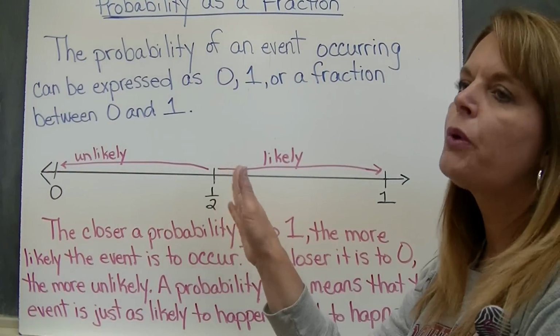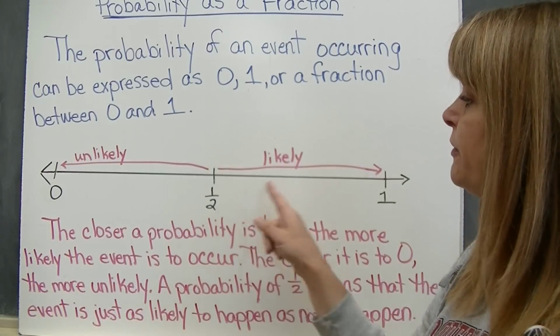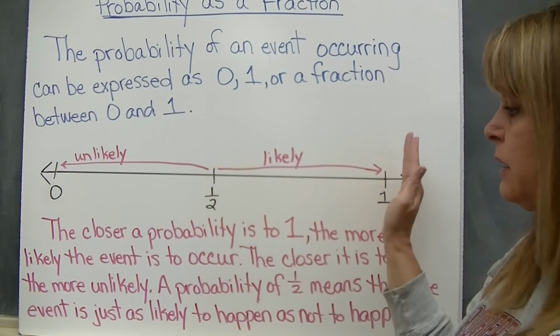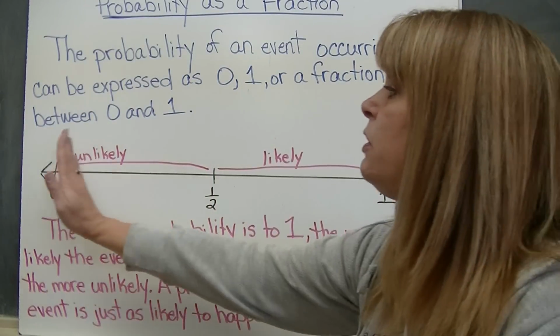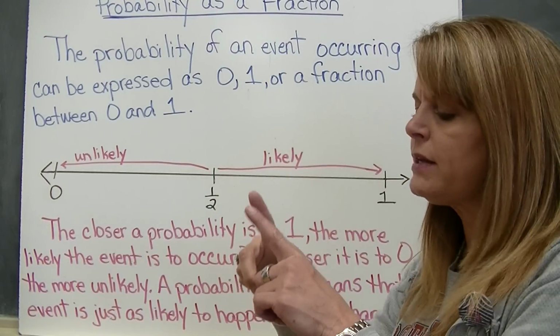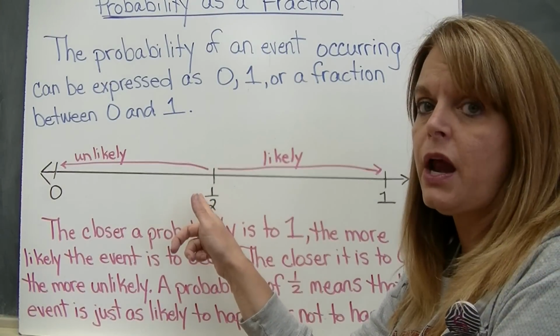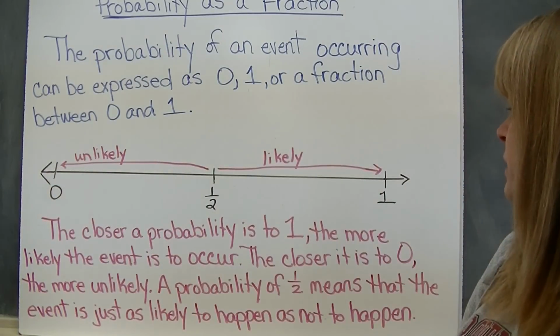So if 3 of my 5 sections were red, 3/5 is greater than 1/2, so it's more likely. The closer it is to 0, the more unlikely. So my one red section out of the 5, 1/5 is less than 1/2, so it's more unlikely that I'm going to get that red.